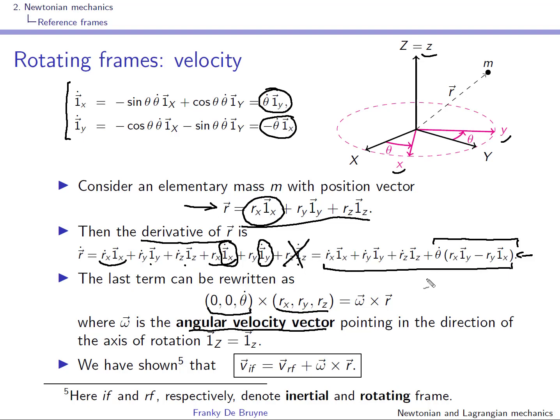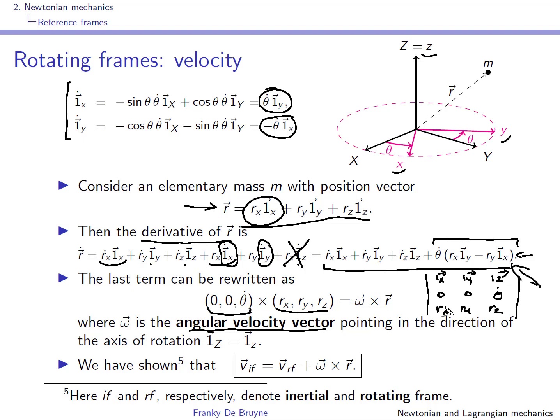How can you see this? Well, you can write this cross product as a determinant, and then you put 0, 0, theta dot, and you put r_x, r_y, r_z, and as you're specialists at computing determinants after the course of linear algebra, you will see that this gives this thing here.